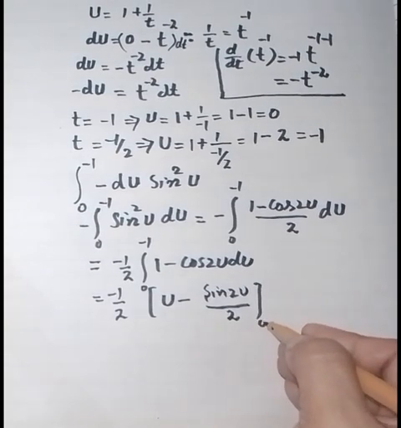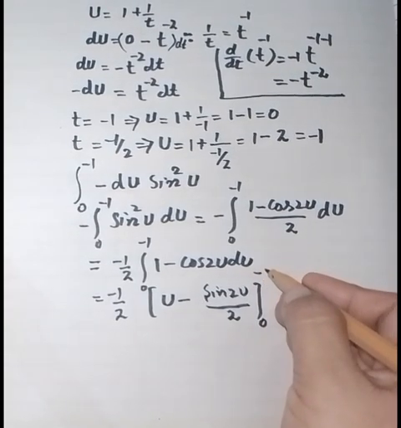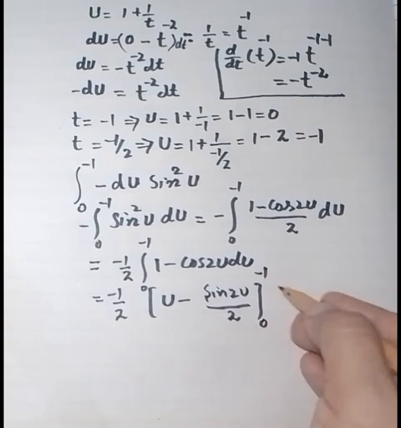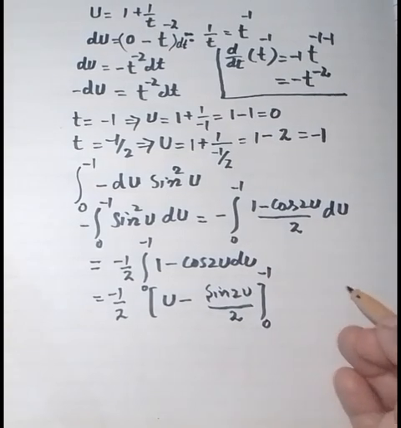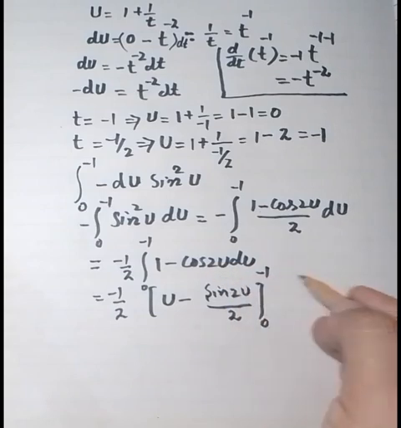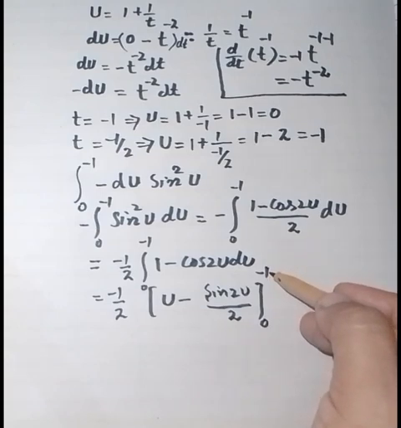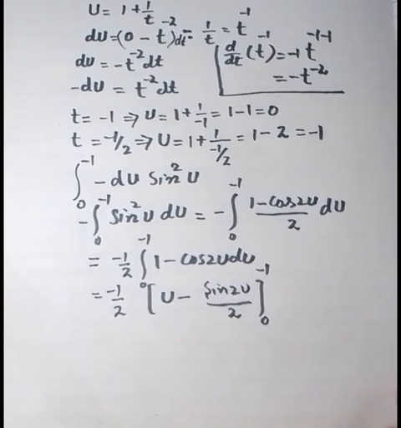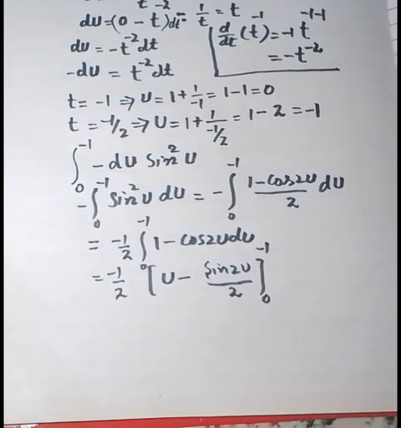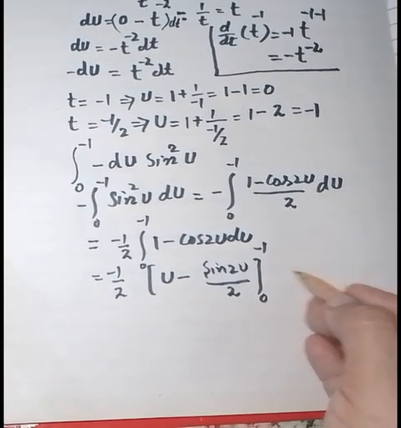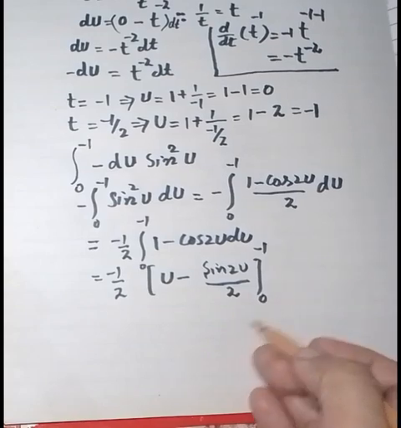Now lower limit is 0, upper limit is minus 1. As the integral is a definite integral, we need not put the constant of integration c, because here we have lower limit 0 and upper limit negative 1, which are definite numbers. So we need not put a constant of integration.